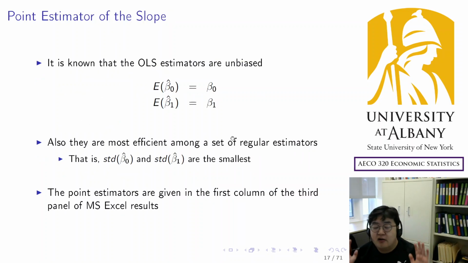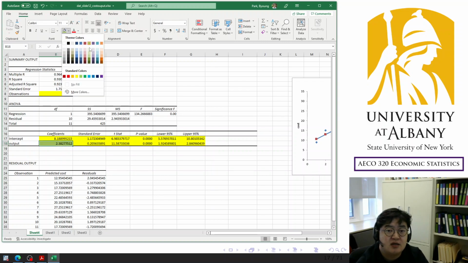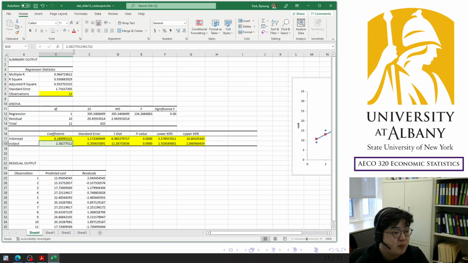First, now think about what we learned in chapter 8. Point estimator, the first column. Let me go back here. So we are talking about this guy. This guy is the point estimator for the marginal cost, which is 2.38.